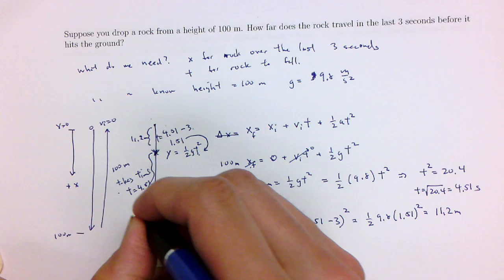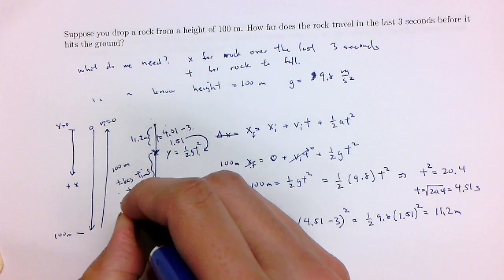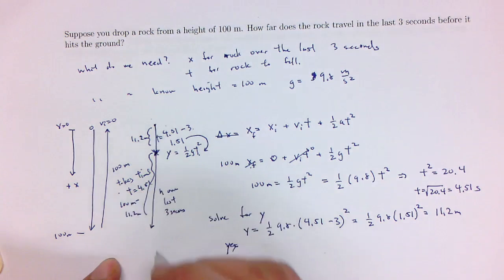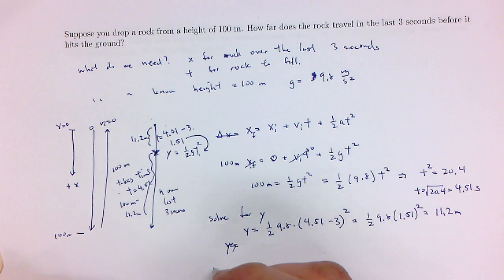This distance here is going to be 100 meters minus 11.2 meters. So now we can get the distance over the last 3 seconds.